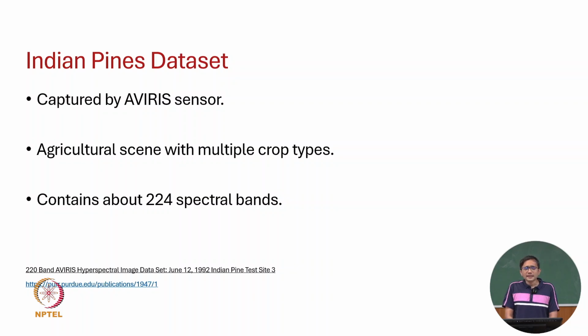It contains about 224 spectral bands; I intentionally wrote about. Depending on the actual paper we're looking at, most of the time you'll see that you are working with a subset of the spectral bands, because the papers are not working on water absorption or some other set of bands, and they have, let's say, 200 bands out of these 224 bands, or maybe a different number, as a pre-processing step.